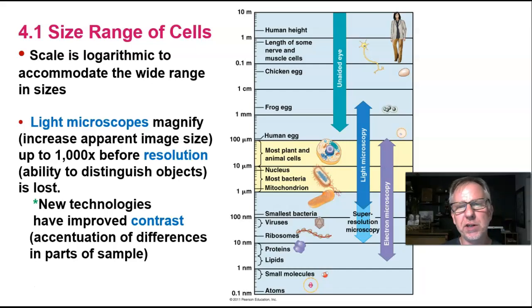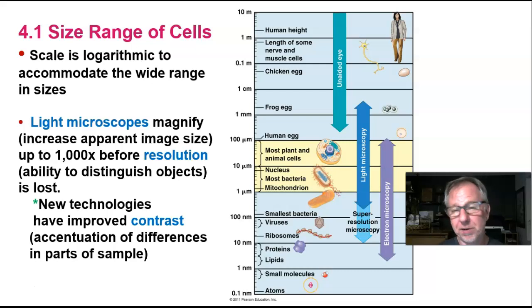The little weird U-looking thing, which is actually called a mu, a Greek letter, is a micrometer. And then the nm is a nanometer. So that's going from the biggest units down to the smallest units. Now this is a logarithmic scale, so that enables us to show a huge range of sizes in one table or graph.